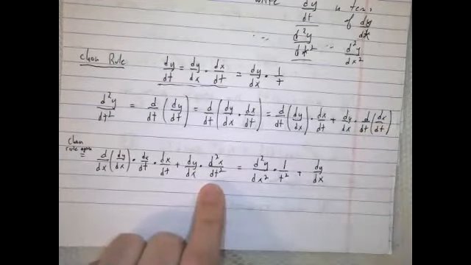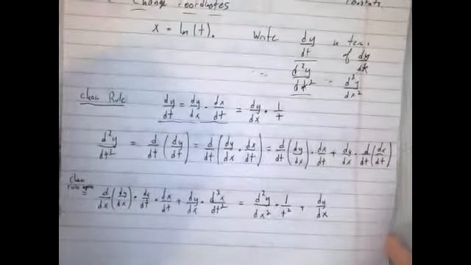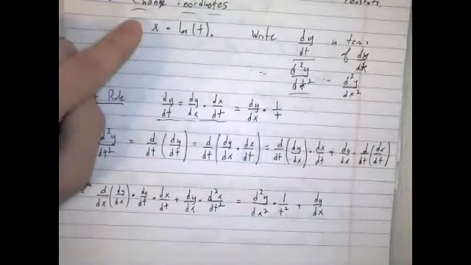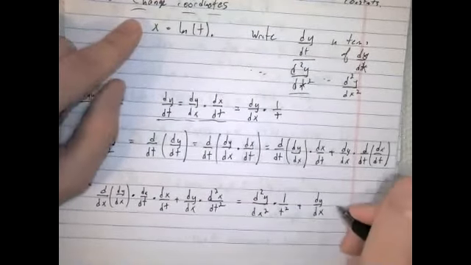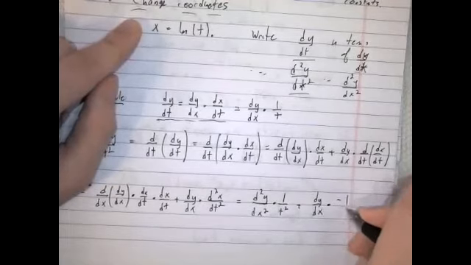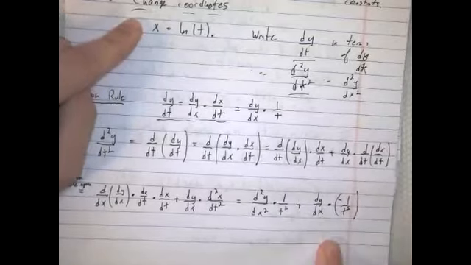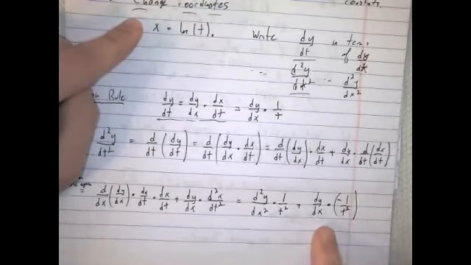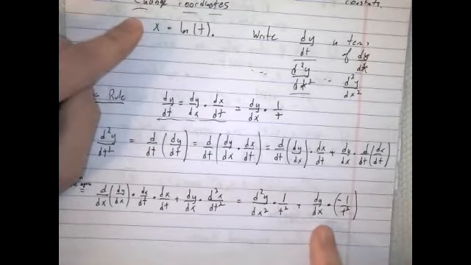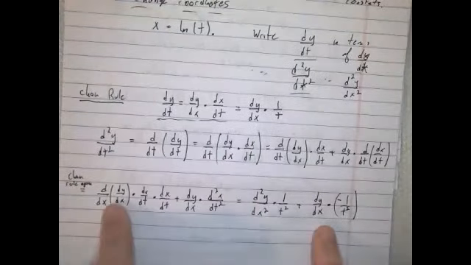What is the second derivative of x with respect to t? Negative 1 over t squared. So that was a fair amount of work, but now I can just plug in these expressions.